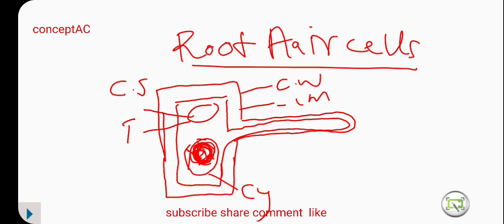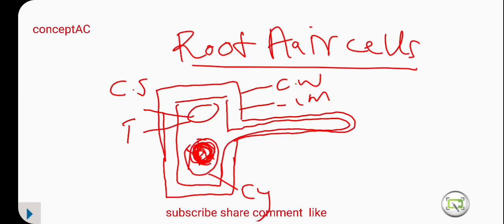It also has a high concentration of mitochondria, which provide energy for active absorption of mineral salts. Remember, mineral salts are actively absorbed. This means that they need active transport, which needs energy. That's why it has a lot of mitochondria.